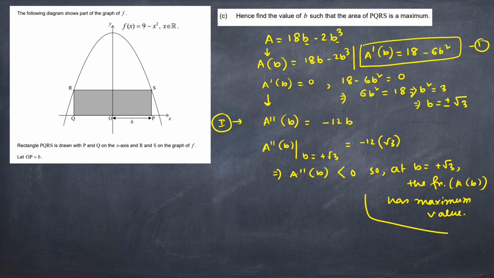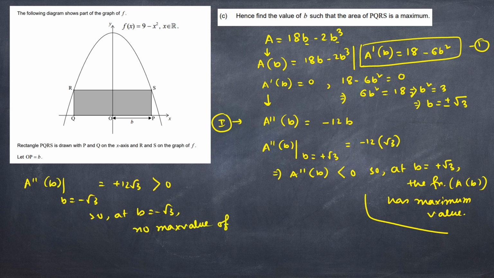Now one more part we have, just check this also. A double dash B at B equals to minus root 3 will be plus 12 root 3. So this is greater than 0. So at B equals to minus root 3, no maximum value of A of B we will get.